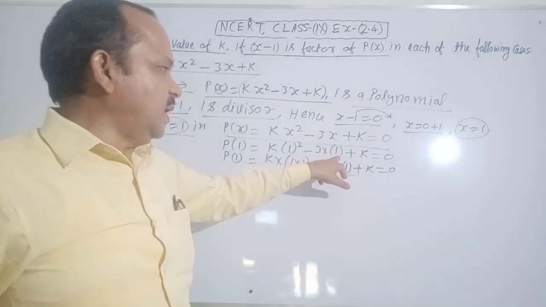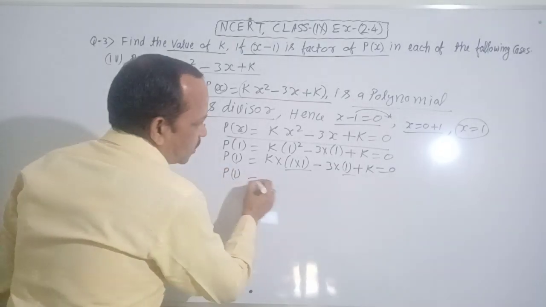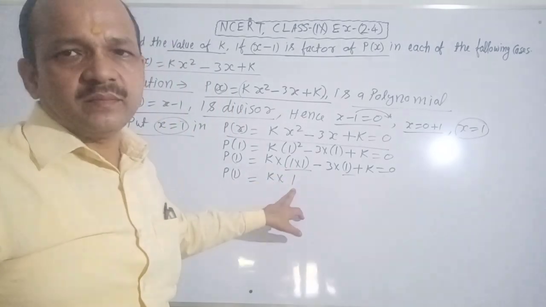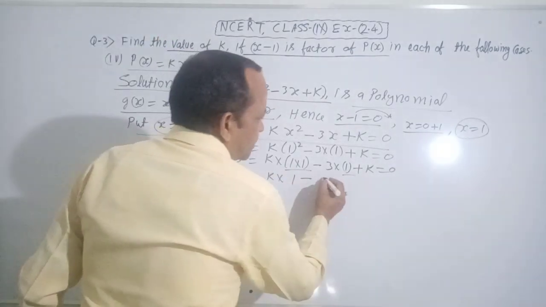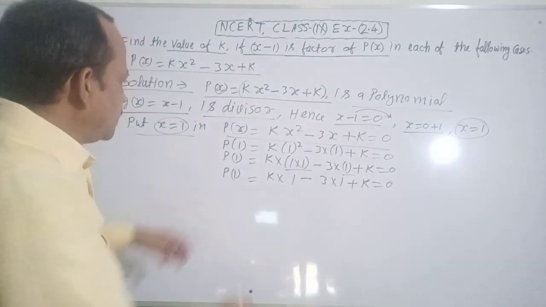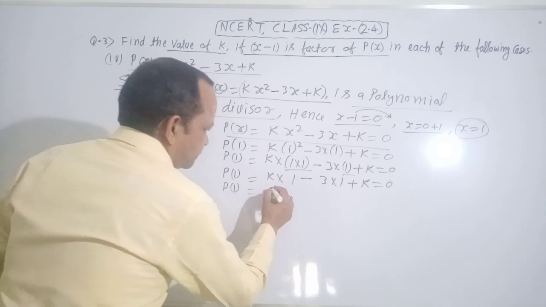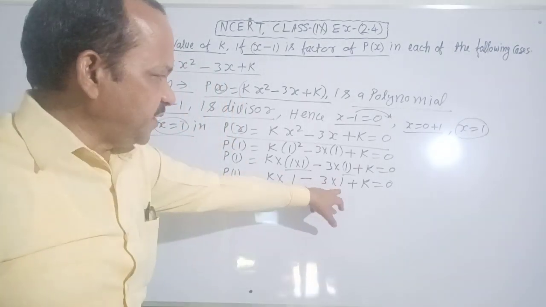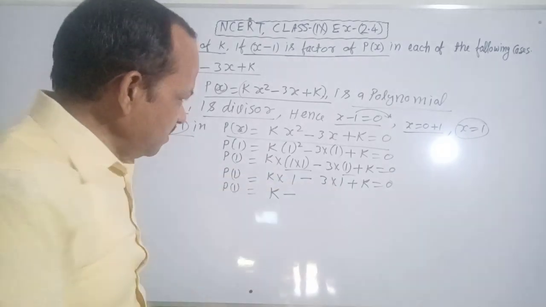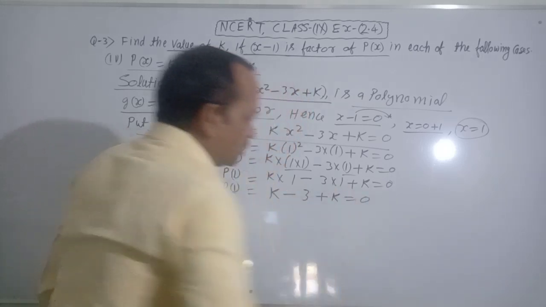Here x means 1. Clear? You can write p(1) equal to k multiply 1. Here 1 multiply 1 becomes 1. Is it clear? Minus 3 multiply 1 plus k equal to 0. You can write p(1) equal to k multiply 1 becomes k, minus 3 multiply 1, 3 multiply 1 becomes 3, plus k equal to 0.